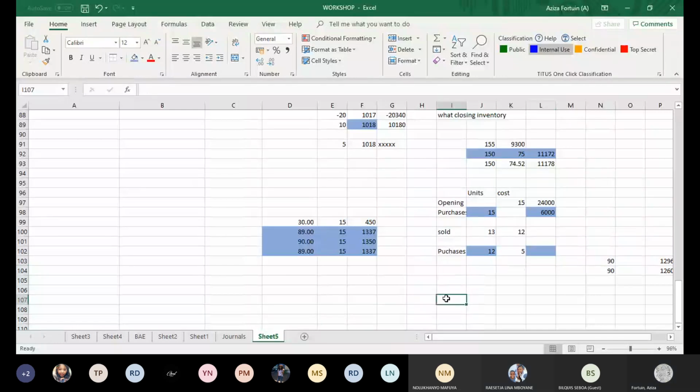Okay, so we've got one for you. So I wanted you to work out the weighted average method.